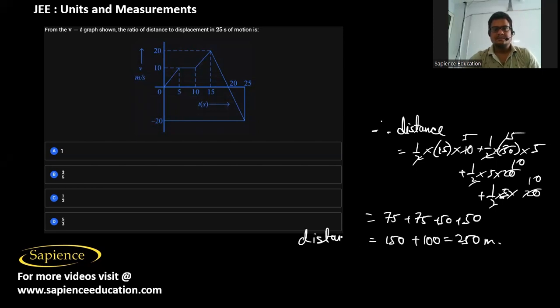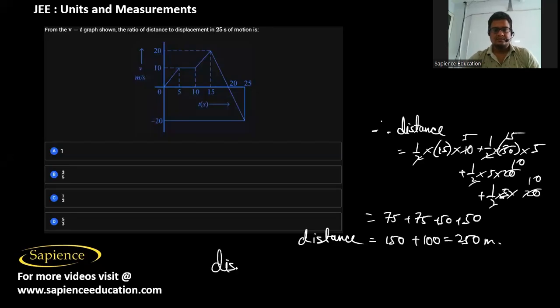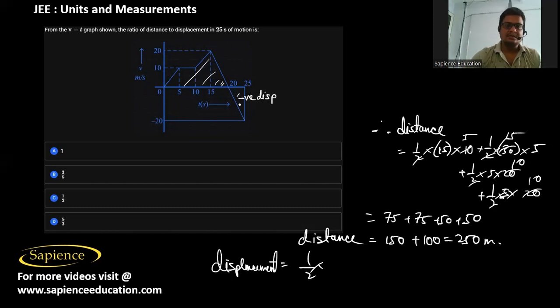So this is the distance traveled. And then we have to find the displacement. So here we have to add this part, and this part is negative displacement, so we have to subtract this part.